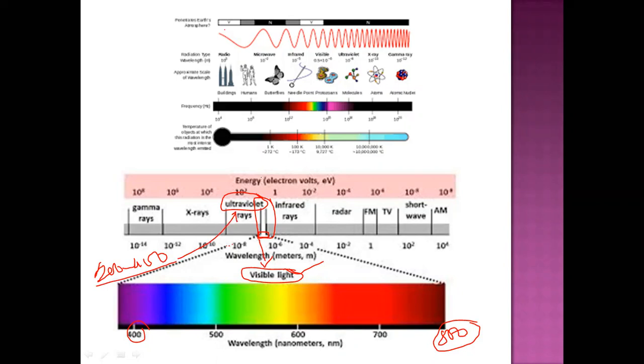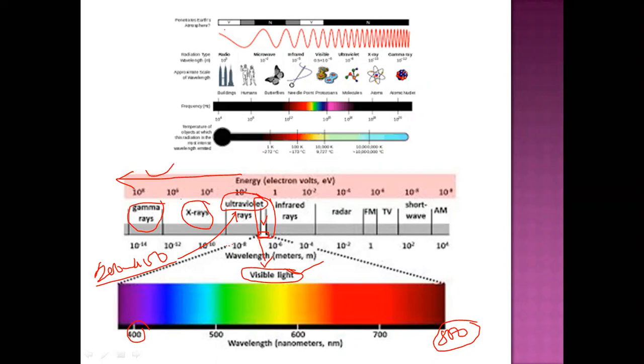If you go from the visible region to this side, you can see gamma ray and X-ray, which have higher energy.